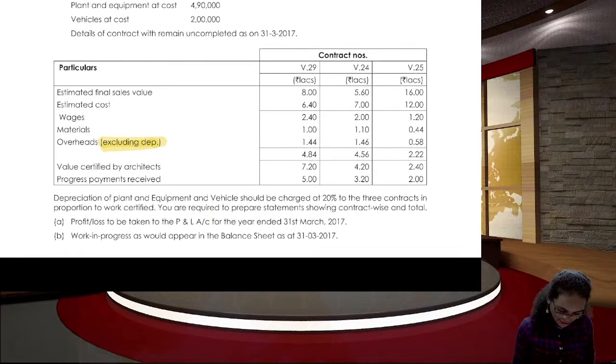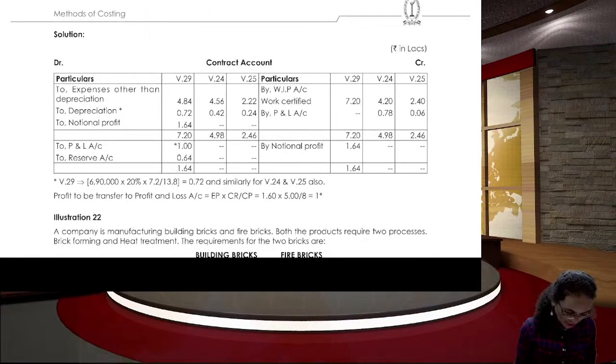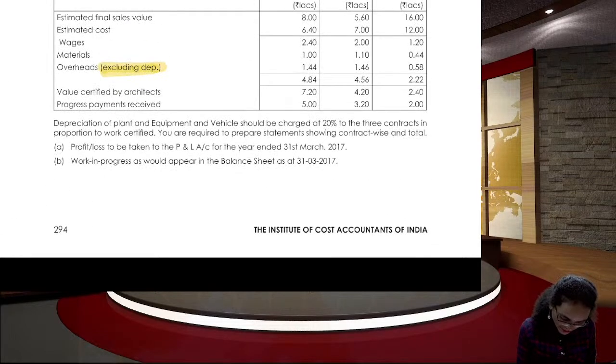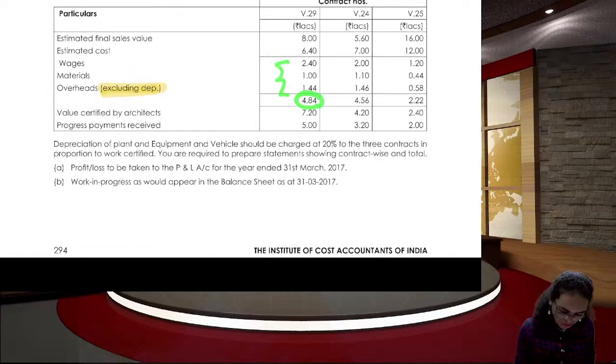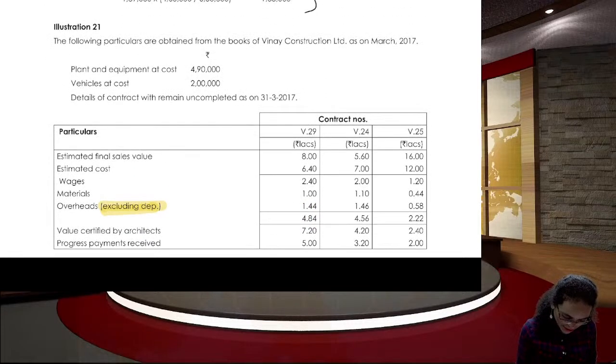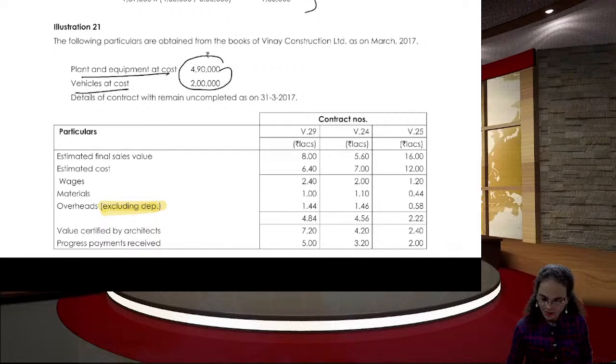Come here. Contract 1, expenses other than depreciation: material, wages and overhead other than depreciation is 4.83, and how much is depreciation? 20% on the cost. One is the plant and equipment and vehicle cost. On this, 4,90,000 plus 2 lakh, that is 6,90,000, is the value of the asset.